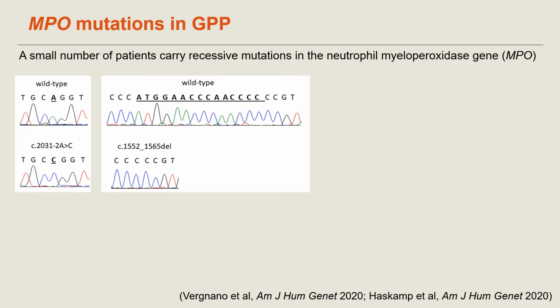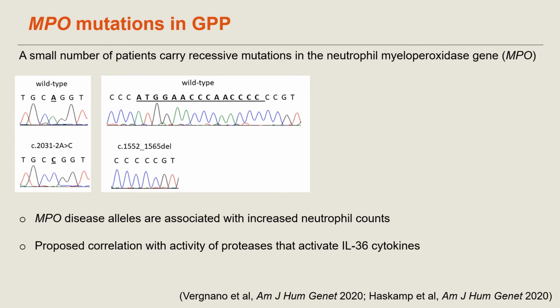a premature protein truncation. And we have demonstrated that these MPO mutations are associated with increased neutrophil counts in the circulation, which makes sense because, as you know, GPP patients tend to present with neutrophilia.